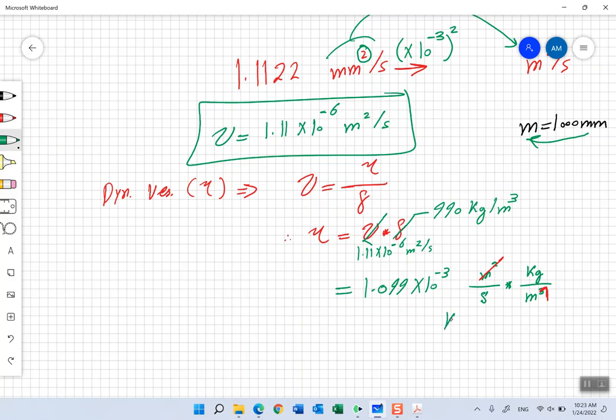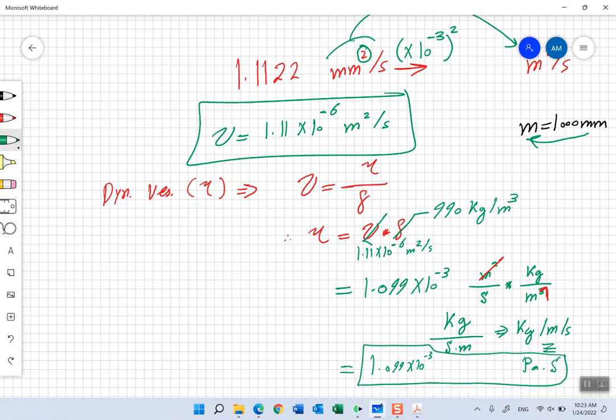It will be kilogram per second meter. And I can write it down as kilogram per meter per second, which is the units that I need, that is equivalent to Pascal second. So the final answer will be 1.099 times 10 to the power negative 3 Pascal second. Easy?